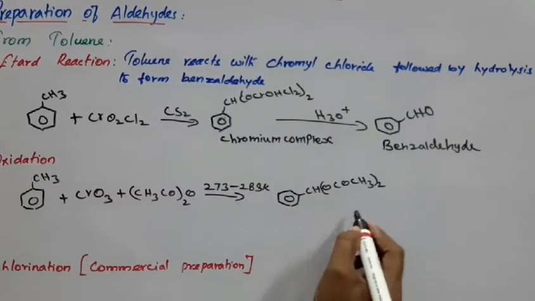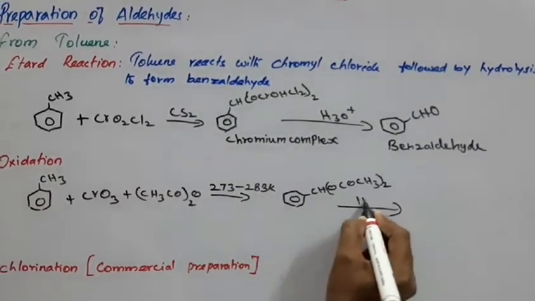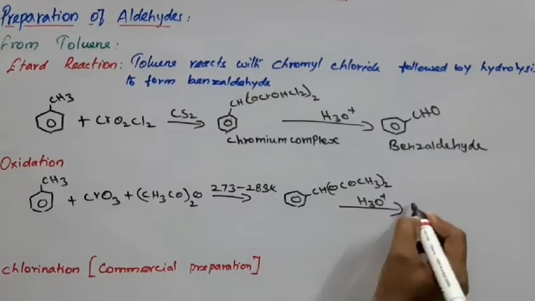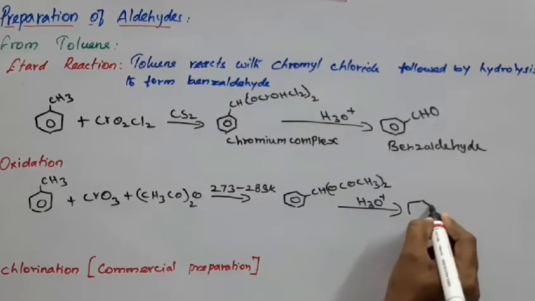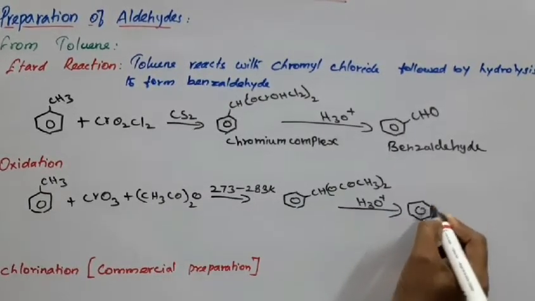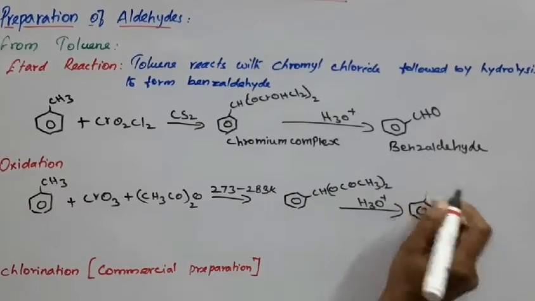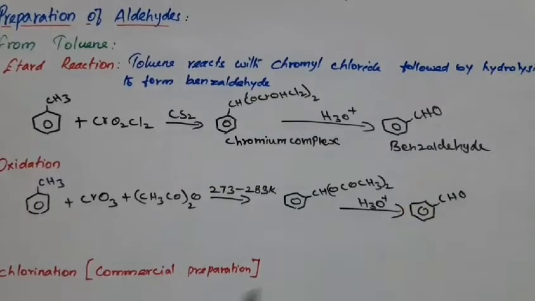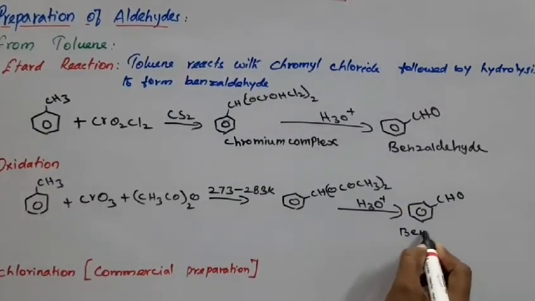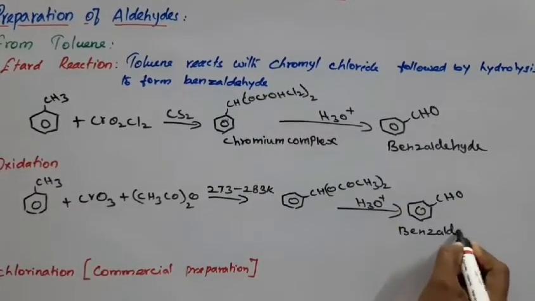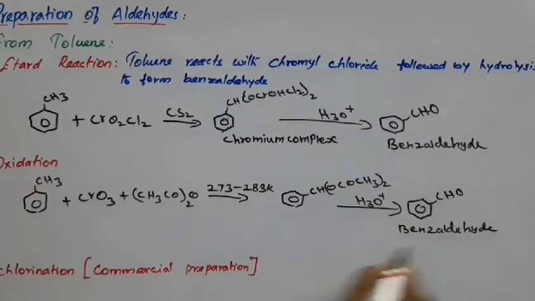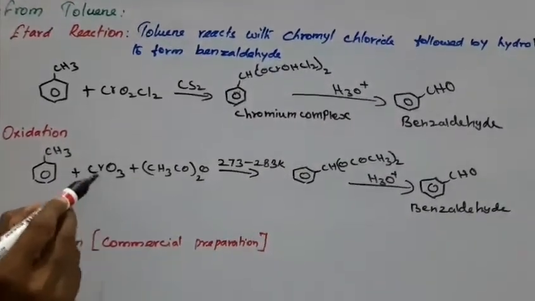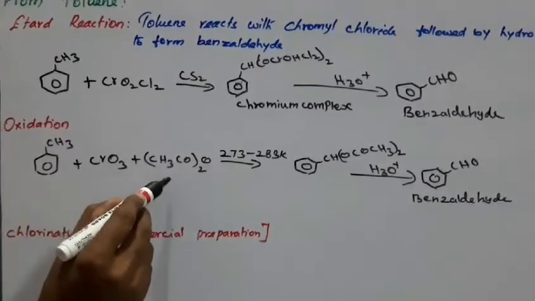Okay. So after the hydrolysis reaction takes place, it forms benzaldehyde. This is the oxidation with a strong oxidizing agent like chromic oxide with anhydride.